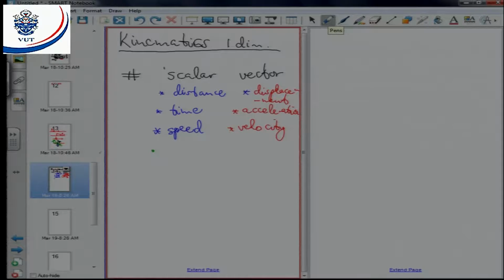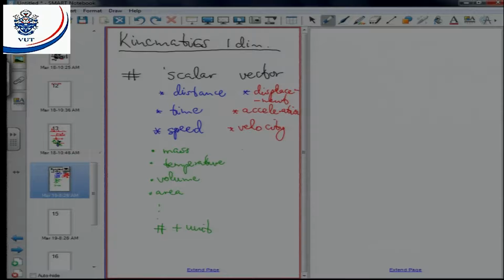So for scalars we also have mass, we have temperature, we have volume, we have area, of course, and so on. So anything that just has a number and a unit, so it doesn't have direction.